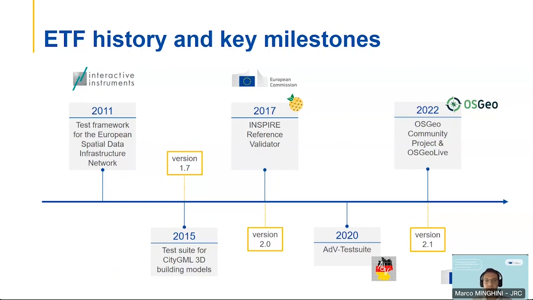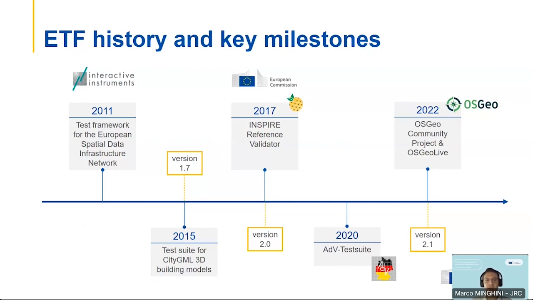Some history of the ETF and some key milestones. So as I said, the development started in 2010, thanks to a German company called Interactive Instruments GmbH. They developed the very first rough version of the tool, which at that time was available only as a command line tool, to support member states in a sort of preparatory project for INSPIRE.